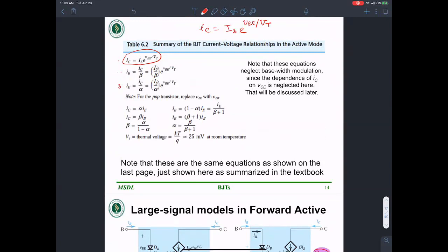We use this equation when we have a value for VBE. Once we have a value for VBE, the rest is all known. We should be able to estimate a value for IC. Once we have IC, finding IB is simply using the value of beta. Once we have IC, we can also find IE.